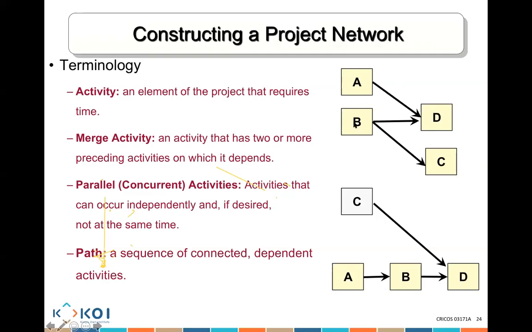A and B are merging into D, but B is a burst activity that has two activities after it, D and C. So this is what I call a burst activity. Why? Because it is open and there are two activities bursting from B to get D and C done. Does that make sense?